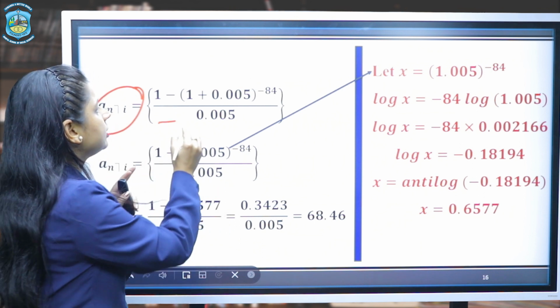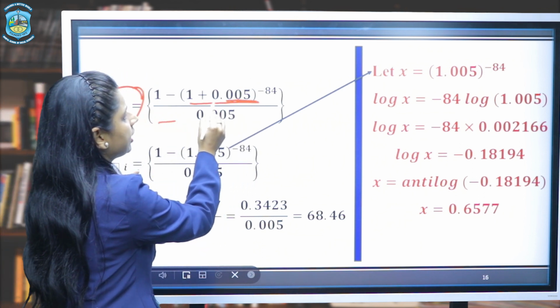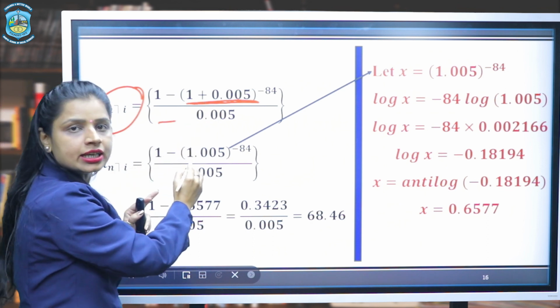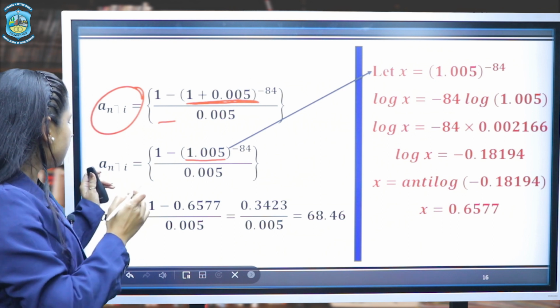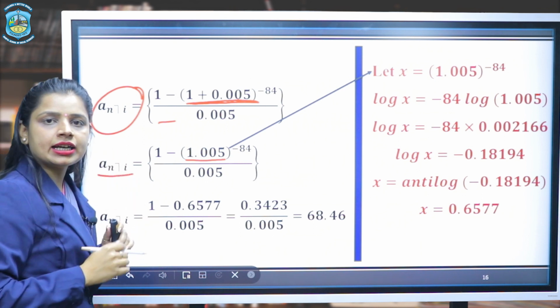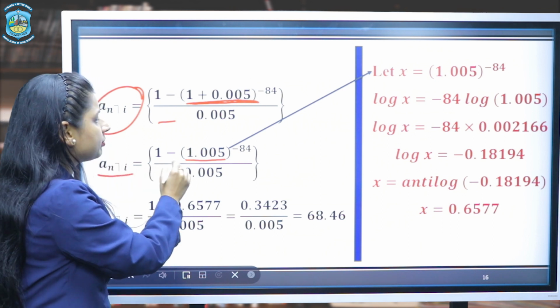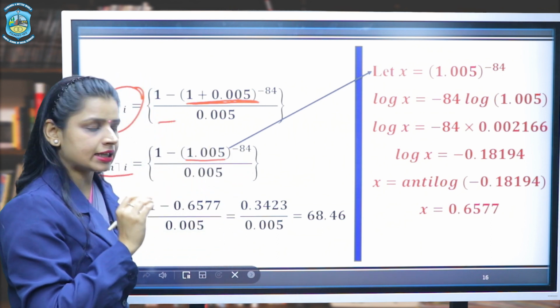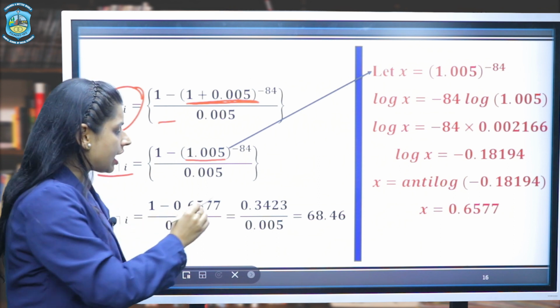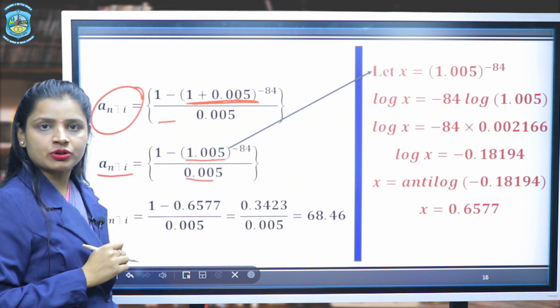Now first we solve the term within this bracket. Obviously it gave us 1.005. So the value of A n angle at i is 1 minus 1.005 to the power minus 84, divided by 0.005.